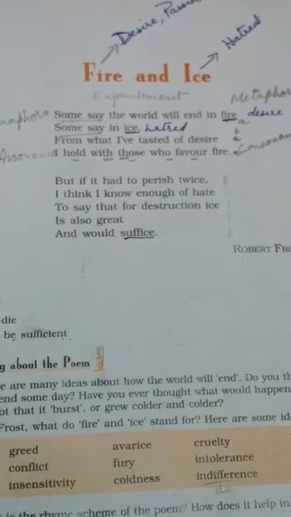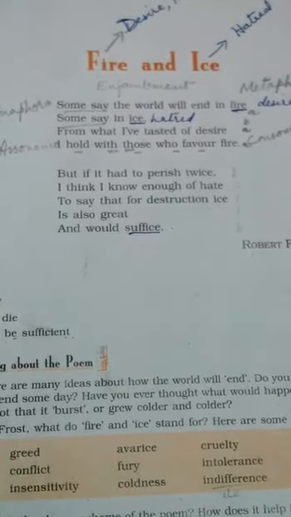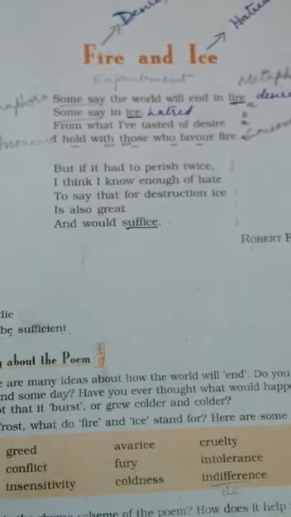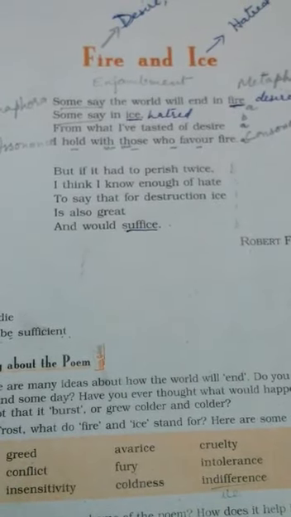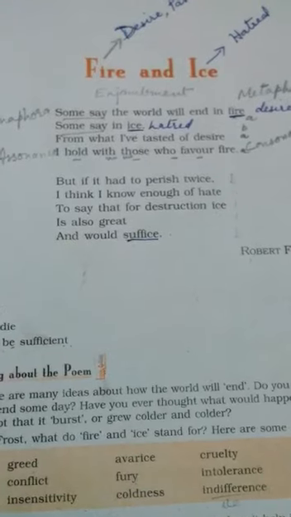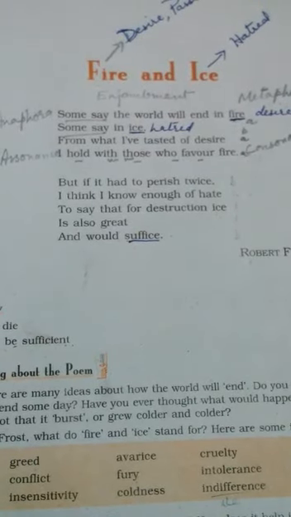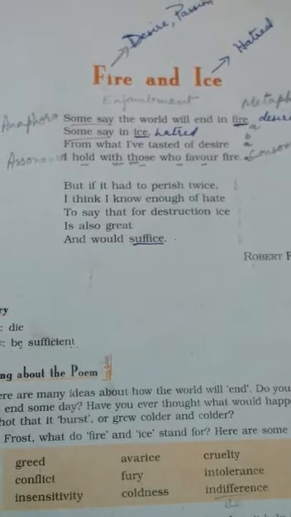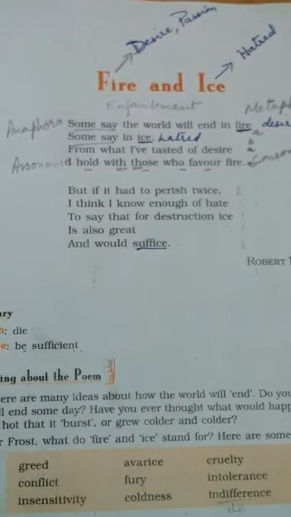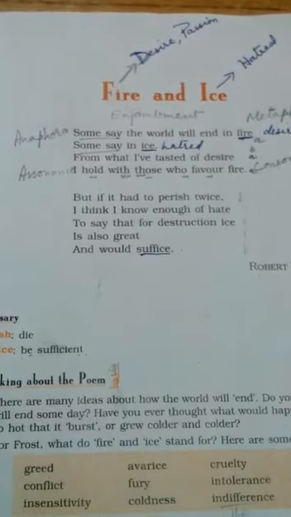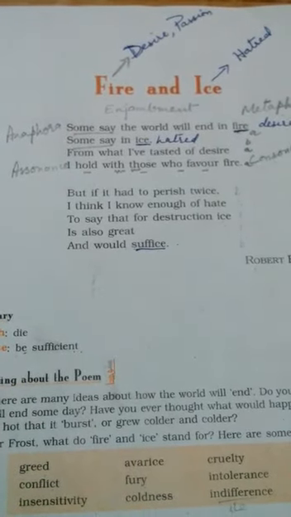Here the poet might have ironically chosen the topic. He has chosen two natural elements to present his viewpoint. He says that the long predicted ice age in the future may engulf everything inside it.